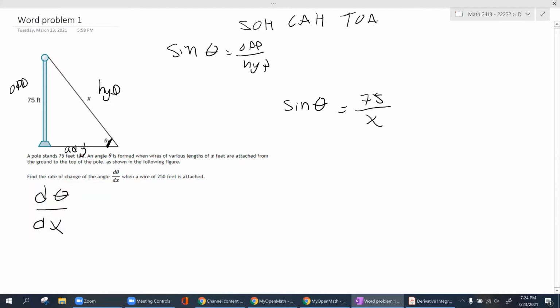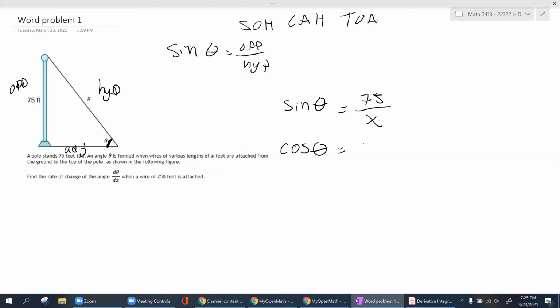What I'm going to do here is derive the left-hand side. Whenever I derive this with respect to theta, I get cosine theta. That is equal to, now I'm going to derive the right-hand side, but with respect to x.